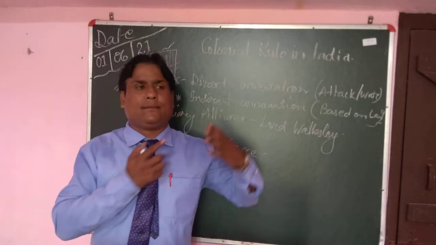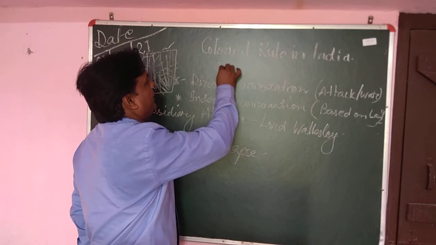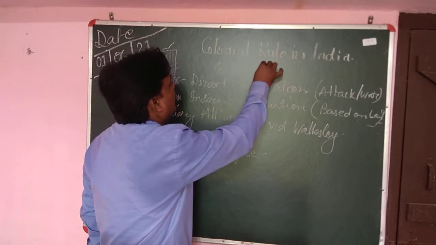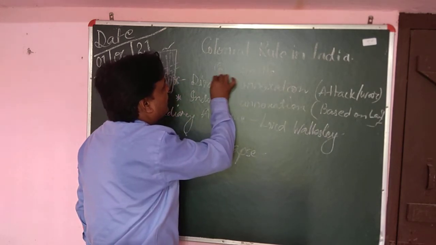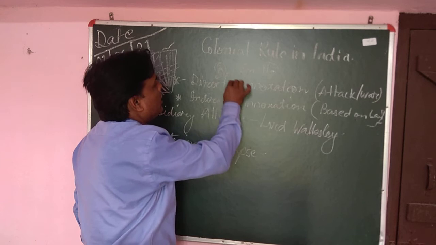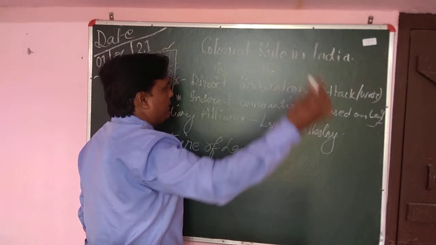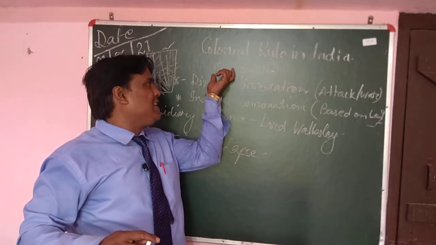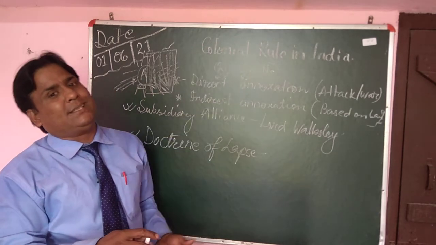Suppose Mr. A is the king of a territory, and he has no son. Then what will happen? After the king's death, nobody will be there to look after his kingdom and territory. So this territory will automatically become part of the British territory.